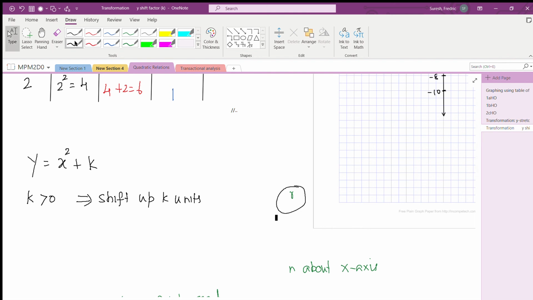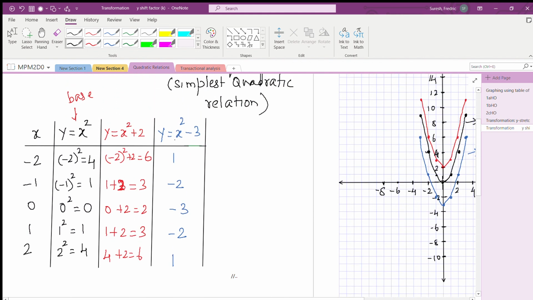If the k value is less than 0, we shift down k units. Let's interpret that with the numbers that we have here. So y equals x squared plus 2 means the base graph is moved up by 2 units.